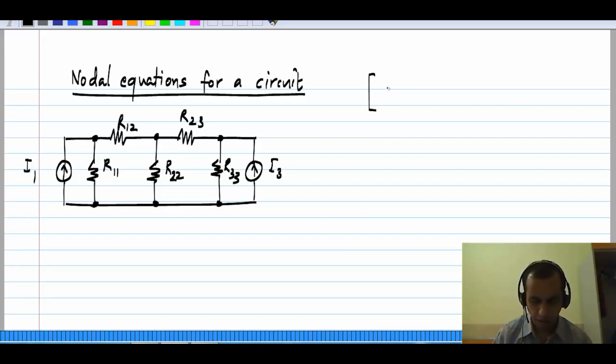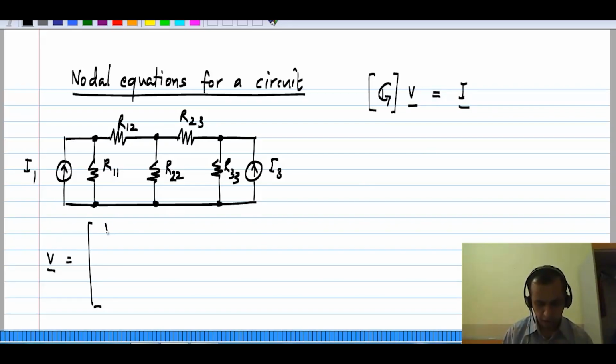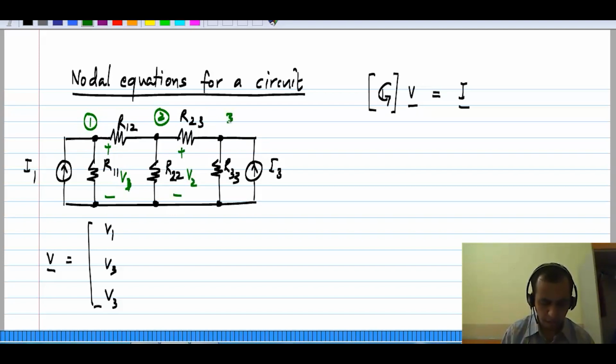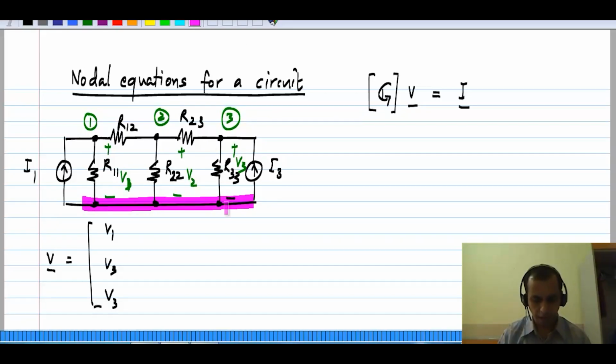nodal equations for this, which is G times the vector of voltages V equals the vector of sources I, and the vector of voltages V consists of 3 components V1, V2, V3, which are the voltages of node 1, node 2 and node 3 with respect to the reference node.